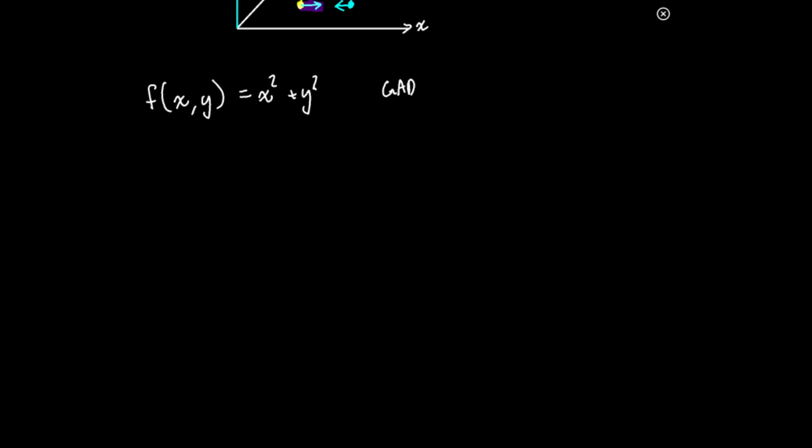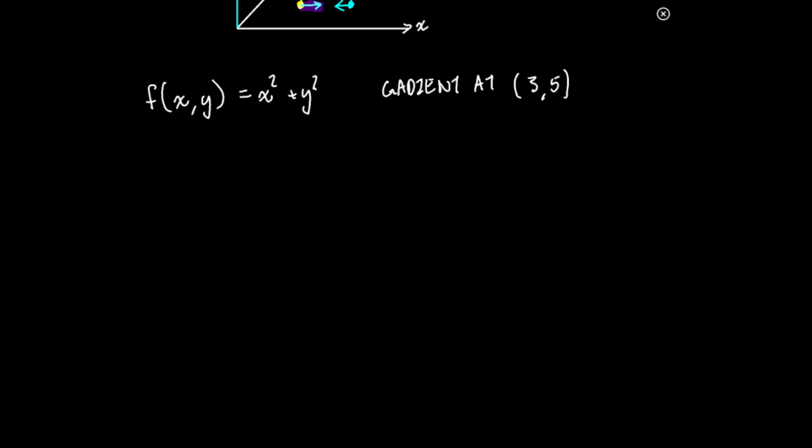The first problem that I want to work is, let's say that f of x, y is equal to x squared plus y squared. And I want to know what the gradient is at, I don't know, let's say 3, 5. Cool.